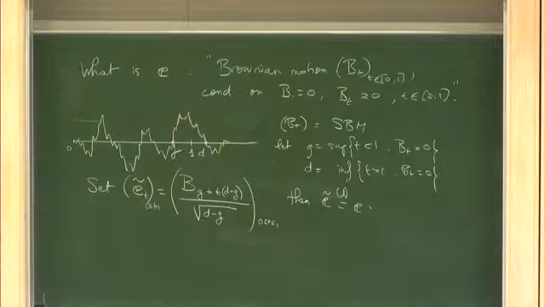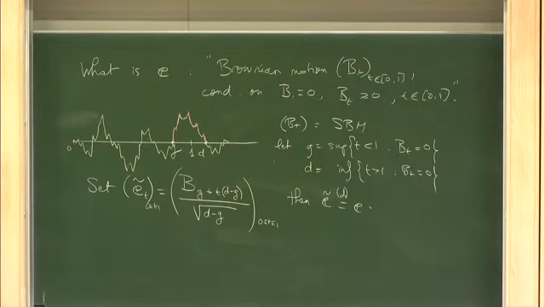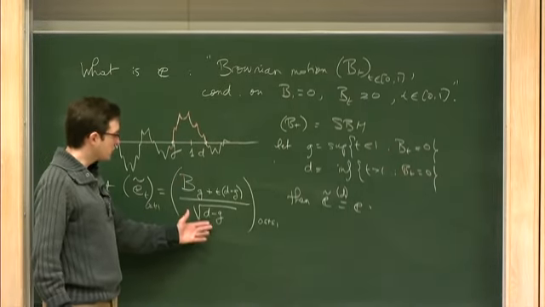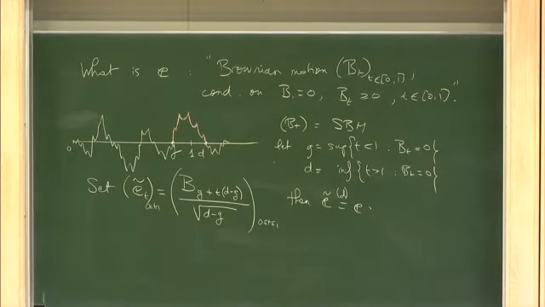You have to do it in a careful way, in fact. But the message is really you take an excursion of Brownian motion and you somehow condition it, you force it to have duration 1. And that's the process E.